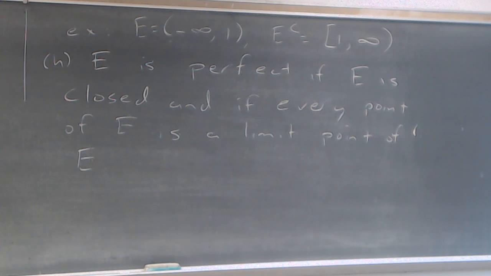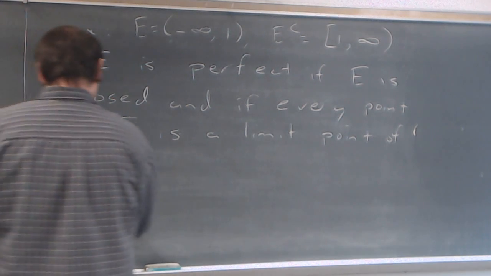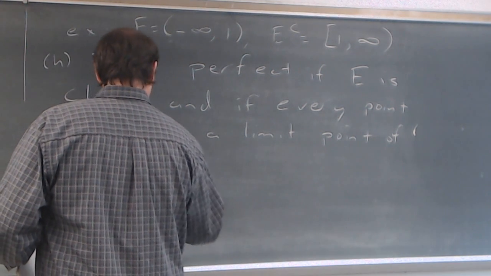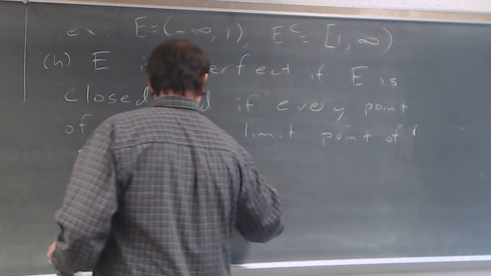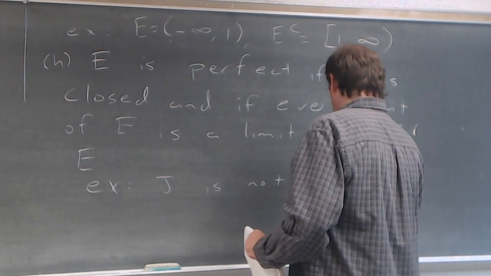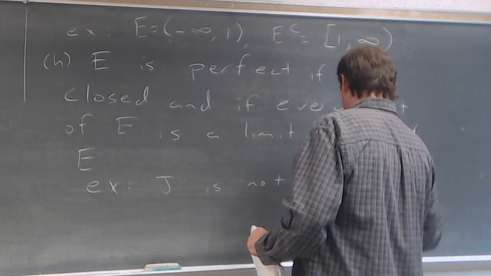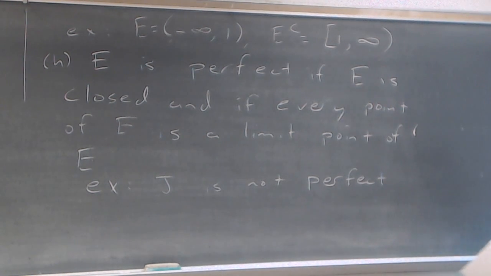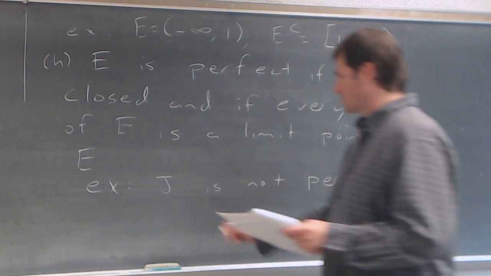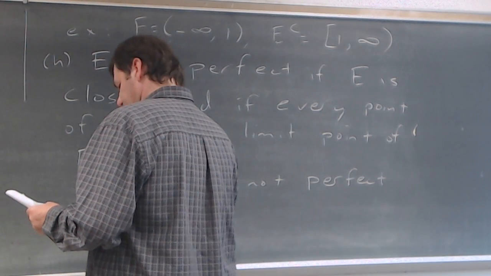And here's some examples. So the set of natural numbers is not perfect. It was a closed set, but not every point that it contains is a limit point. It doesn't have any limit points. Okay, that's 1, 2.